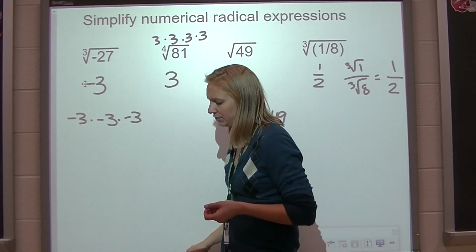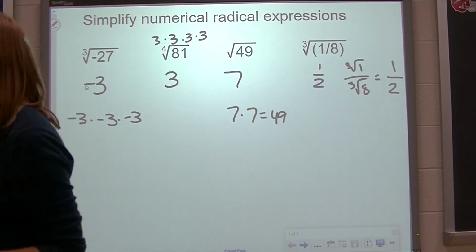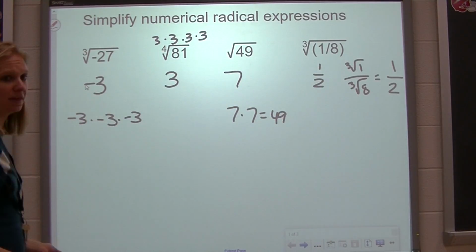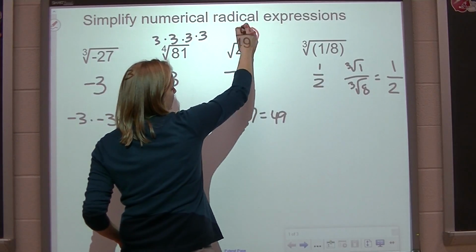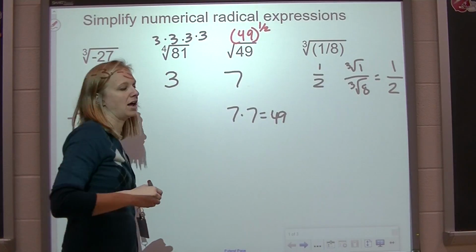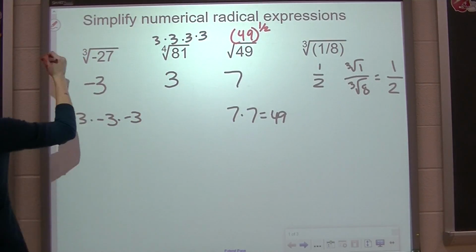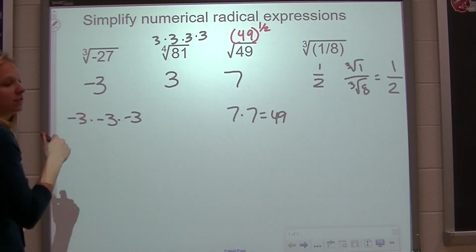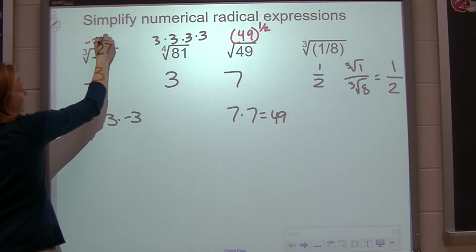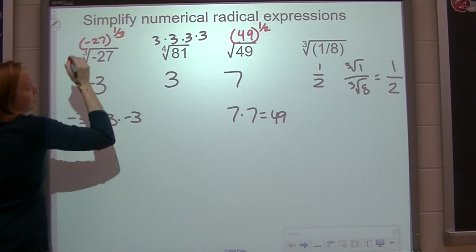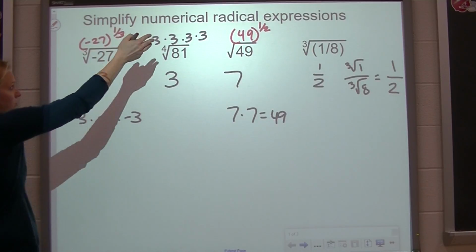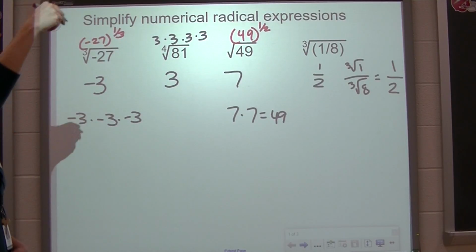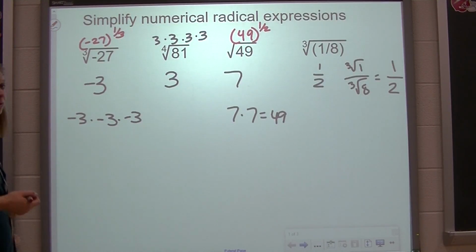Now, to include the other lesson, which you've probably never been taught, the square root of 49 is actually the exact same thing as 49 to the 1/2 power. Or here, the cube root of -27 is actually -27 raised to the 1/3 power. So if you type those into your calculator, -27 caret parentheses 1/3, you'll get -3.